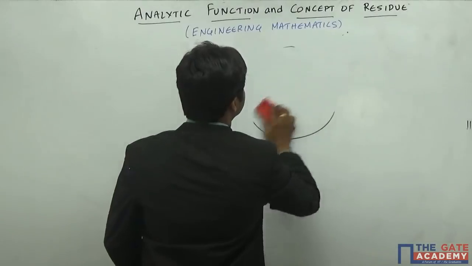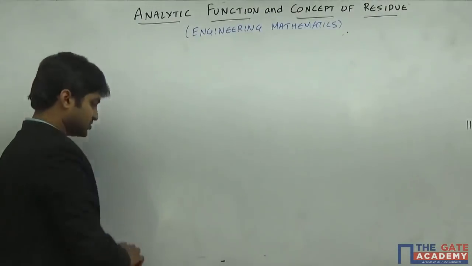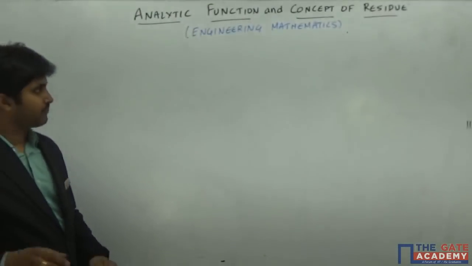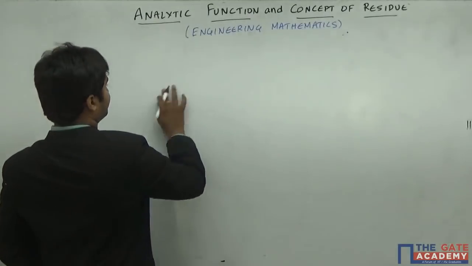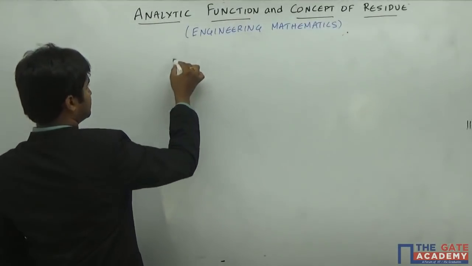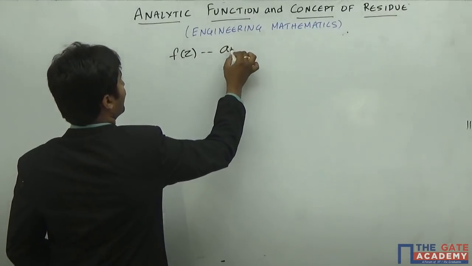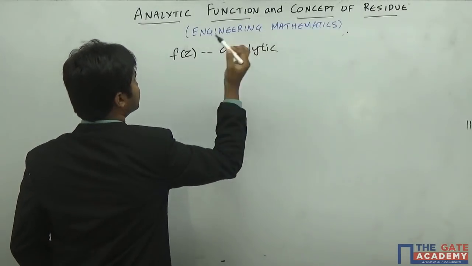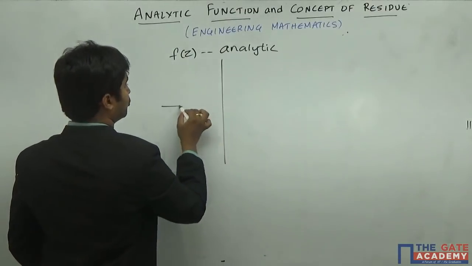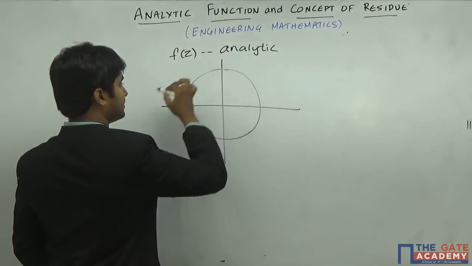So now let us step into the next topic, which is the concept of residues. You have to understand, in the complex function, consider a particular function f of z which is analytic in nature. If the function f of z is analytic in nature, the domain that is considered is nothing but a circle.